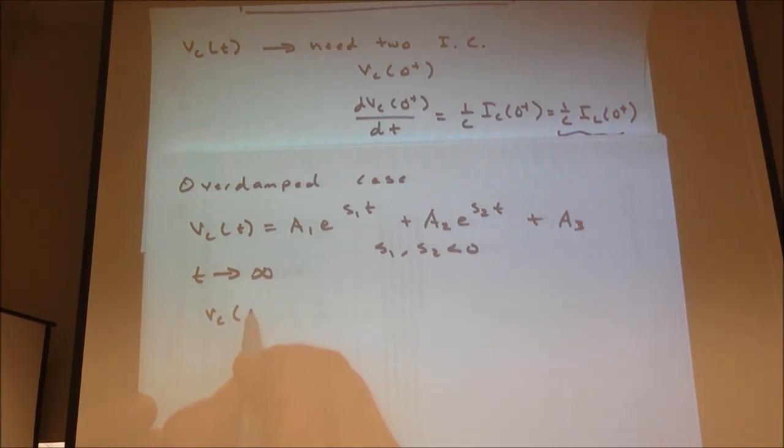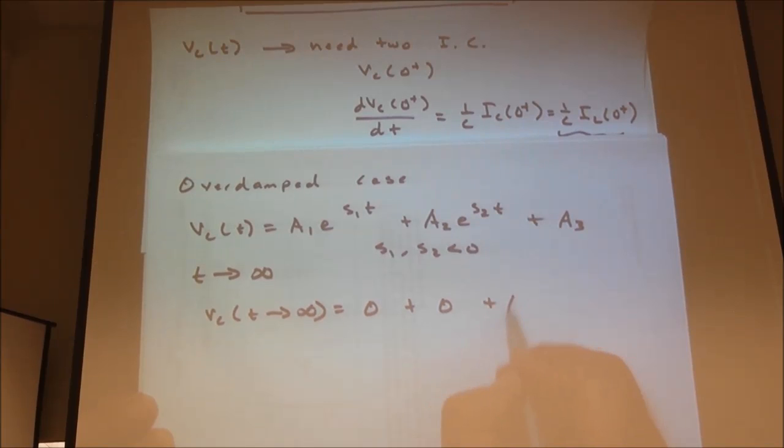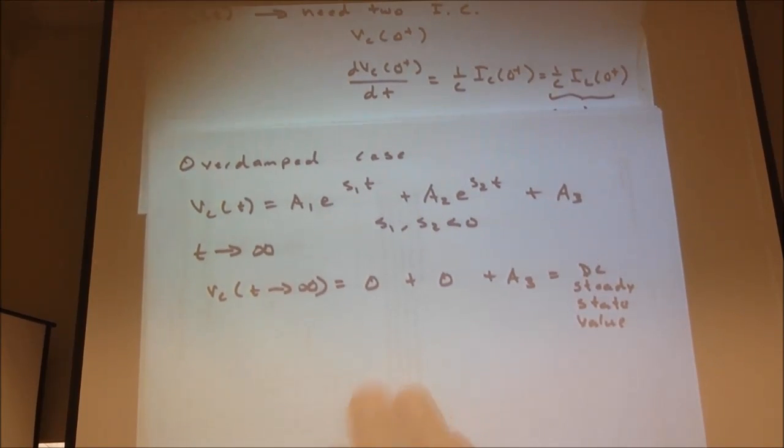Well, VC as t goes to infinity, we already said this, equals 0 plus A3, which equals the DC steady state value. And again, you have to go to the circuit analysis to find out what that is, but we've done that a bit in the previous number, so we're somewhat familiar.